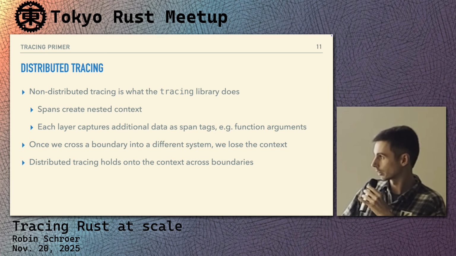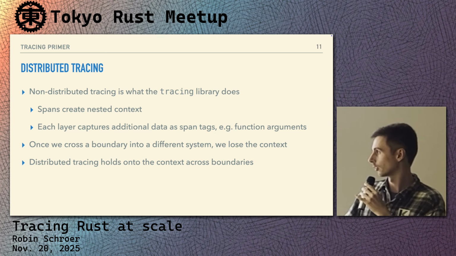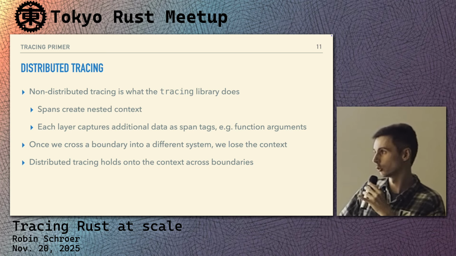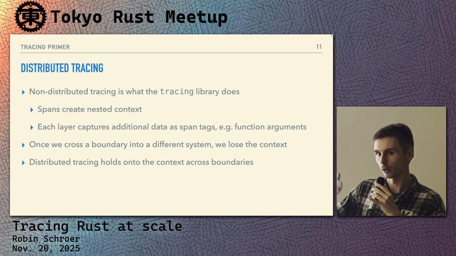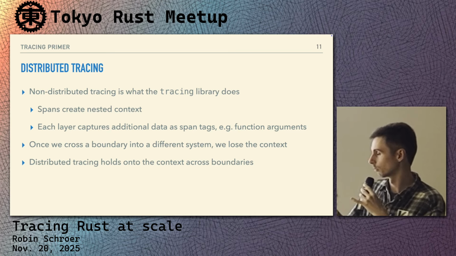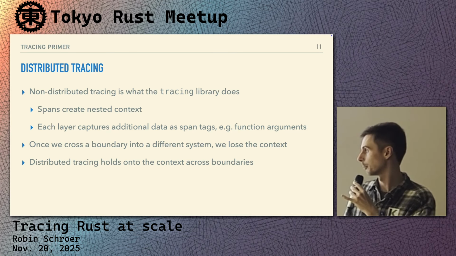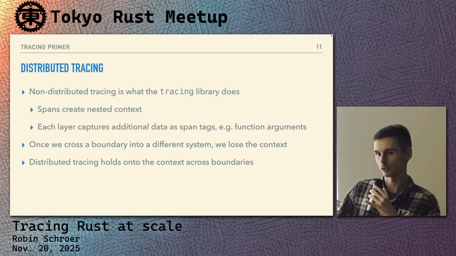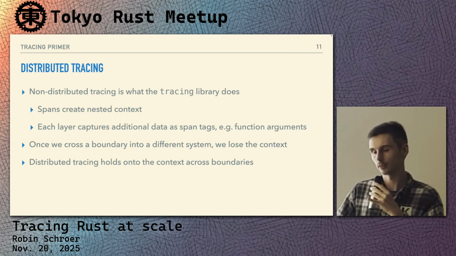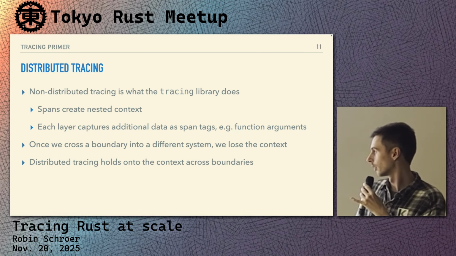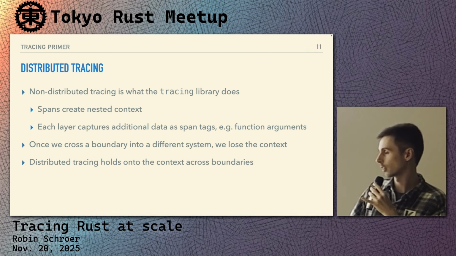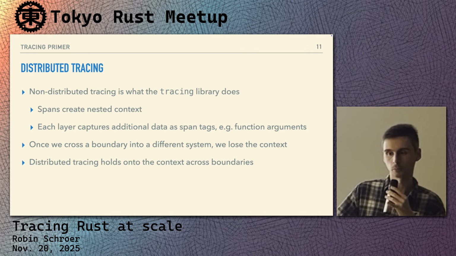Each time you call a new function that is instrumented, you attach additional span tags, and then, for example, in the middle log line, you get all those nested layers of context attached to that log line. But if you have several systems and you cross a boundary from one system to the other, you lose all that context. And, well, that's not good. So distributed tracing in particular holds onto that context even if you cross those system boundaries.